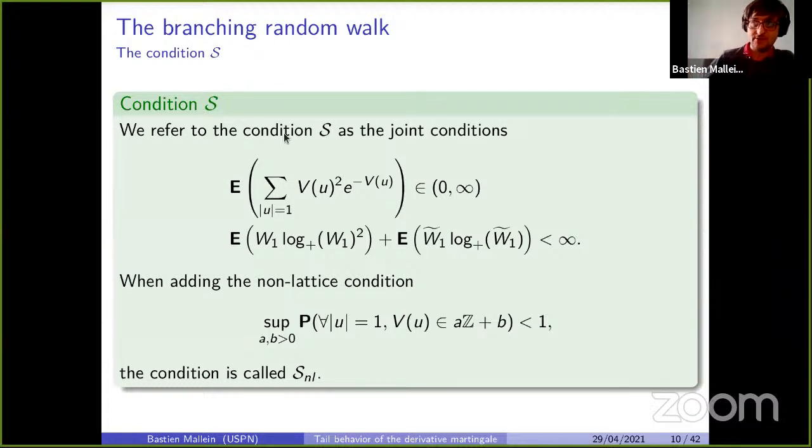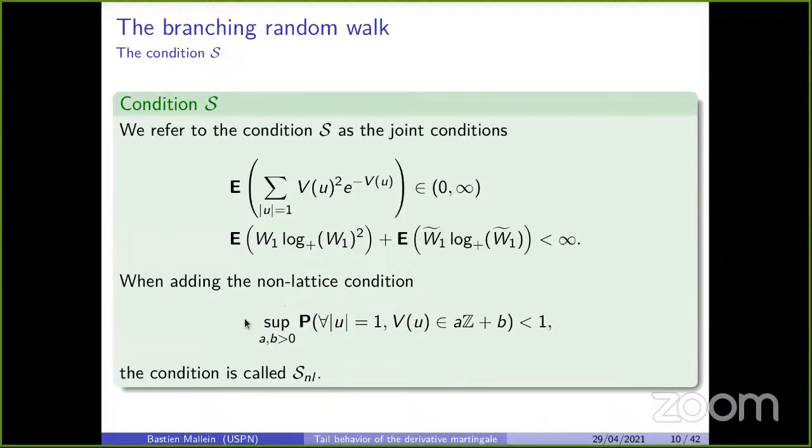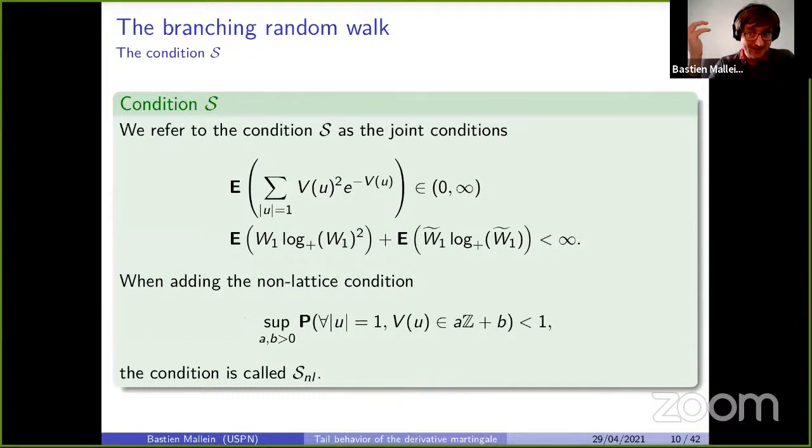Here, right? So condition S is those two integrability conditions, and then we have to add this non-lattice condition. And the non-lattice condition is helpful here because if you assume your random walk to be lattice, then when you think about the subharmonic function, for example, you can only relate the value at 0 of this solution to the value at any other point on the same lattice.